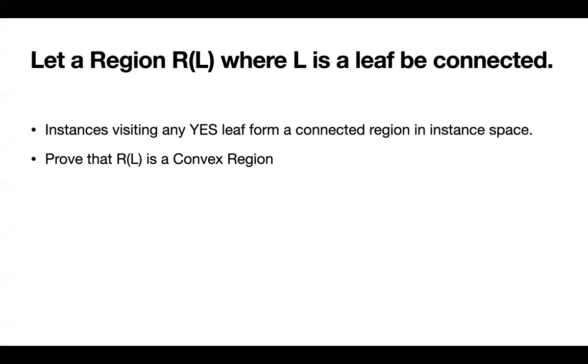Now, a region R is said to be convex if for any points x and y in R, the straight line path, and that's an important part, the straight line path from x to y passes entirely through R.